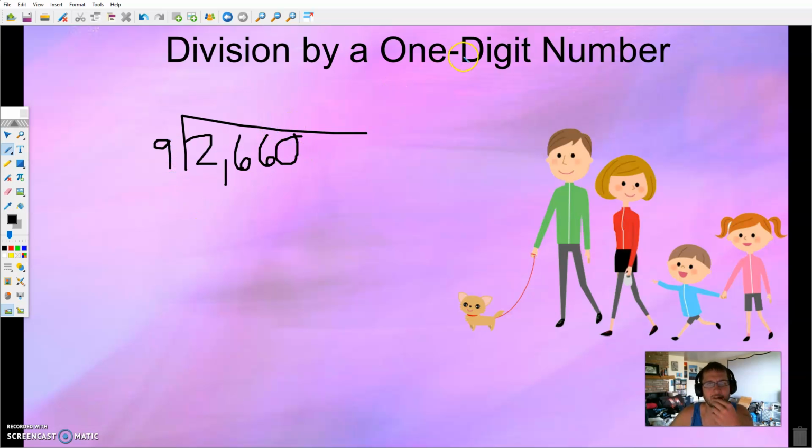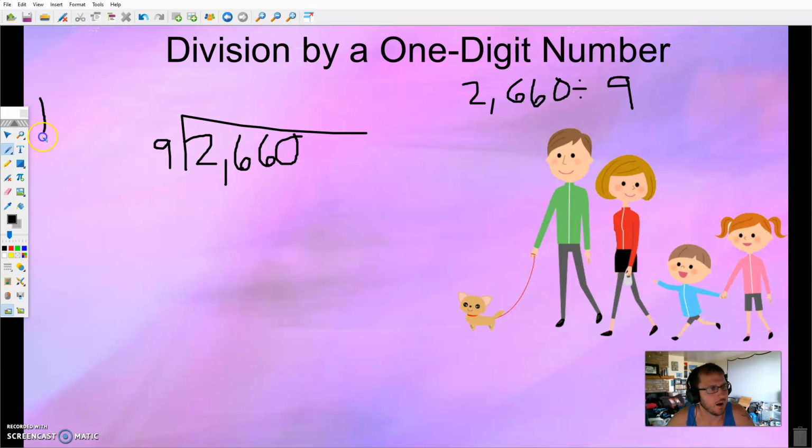Okay, so now our dividend is in the box. The divisor is on the outside. And then the quotient will be what we write on top.